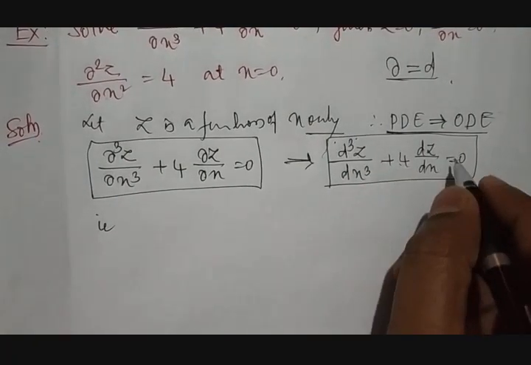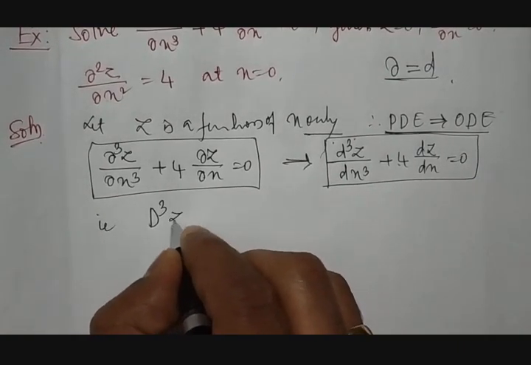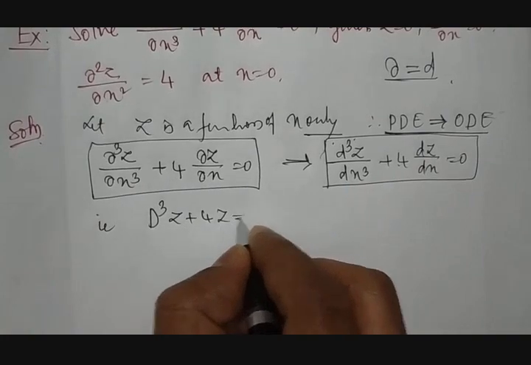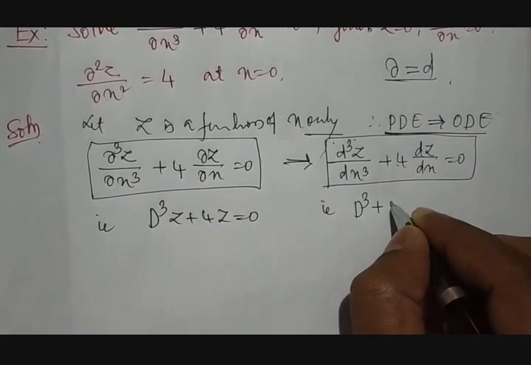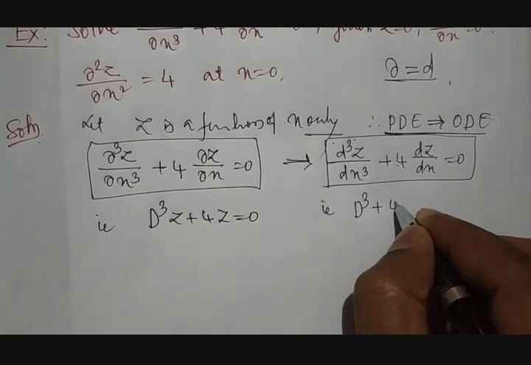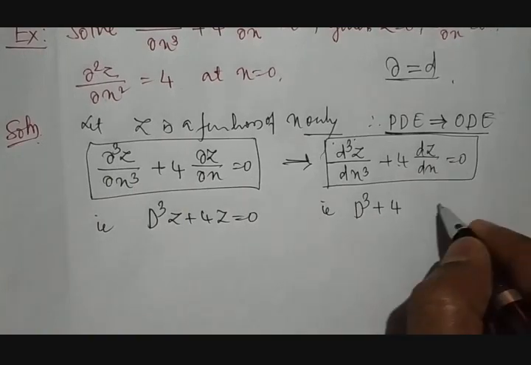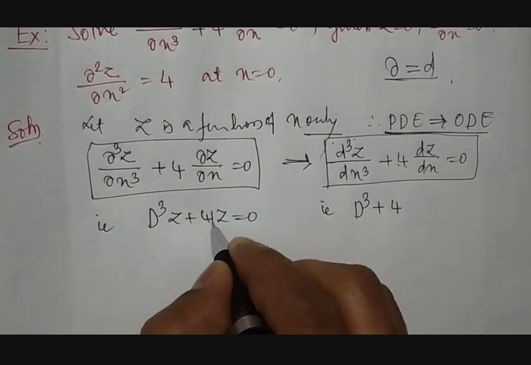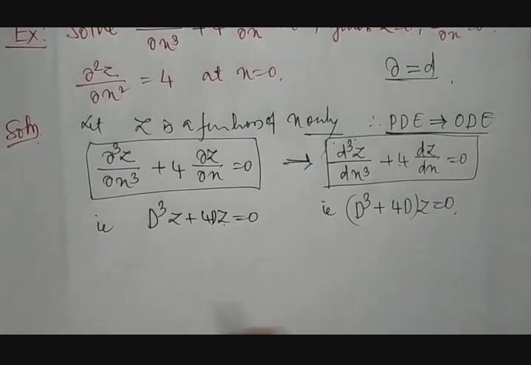This equation is nothing but (D³ + 4D)z = 0.